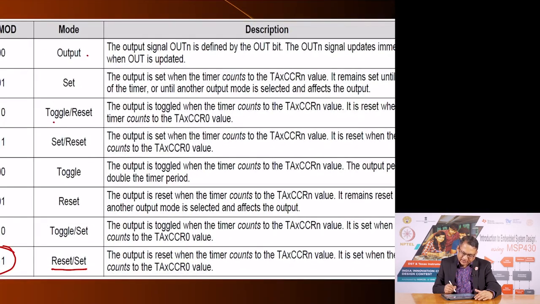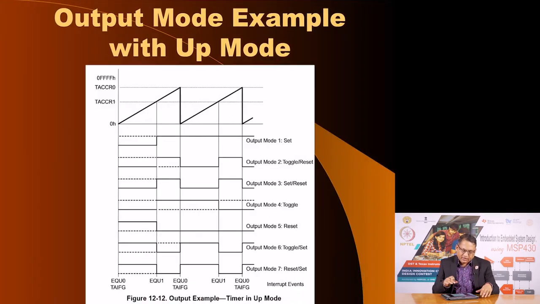The output is reset when the timer counts to the value stored in this, for example TACCR1, and it is set when the timer counts to the value stored in TACCR0. So, using TACCR1 and TACCR0, using this mode which is the reset/set mode, you will be able to generate a PWM signal. So, let us look at what happens.